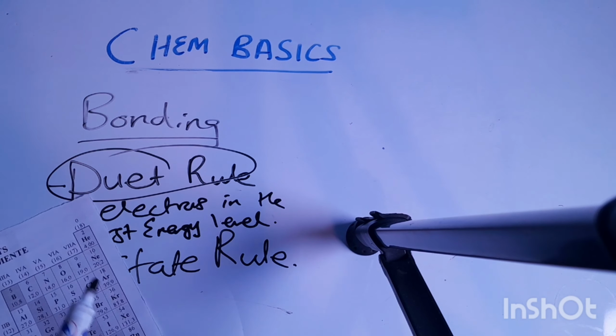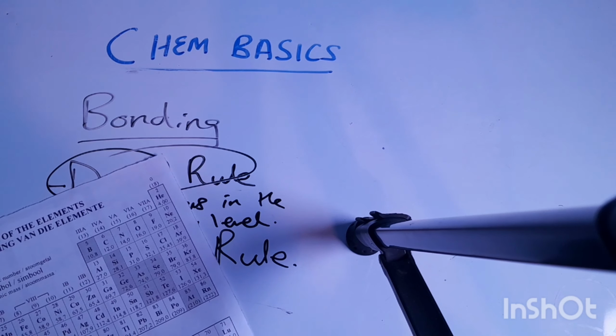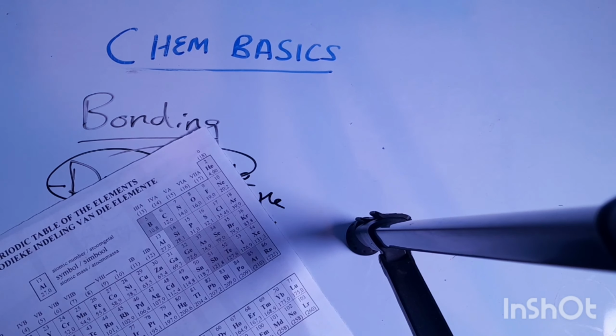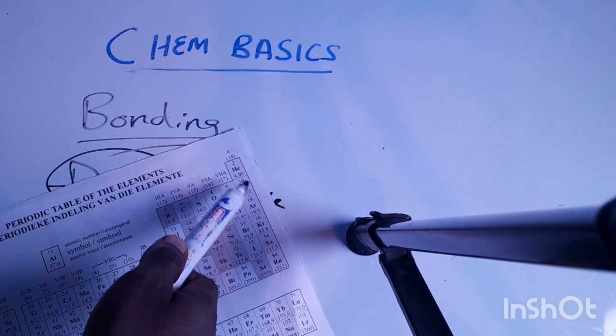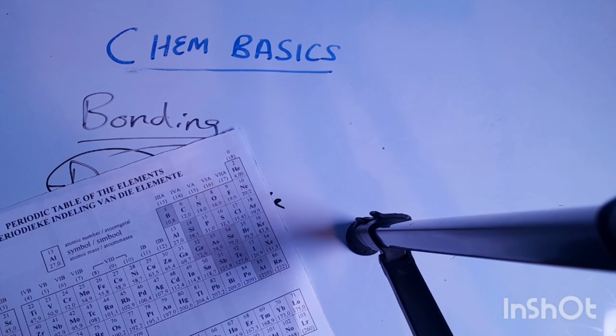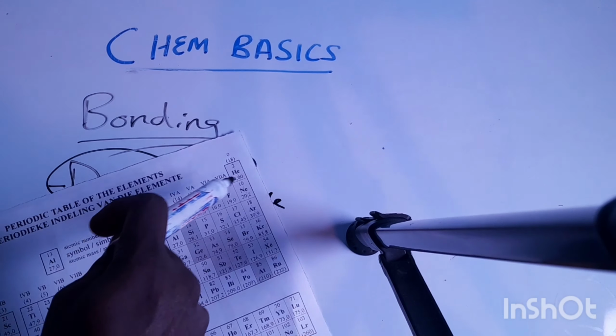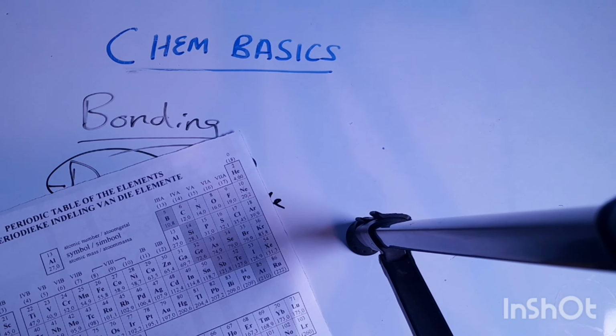Look at helium. Helium is in period 1, so it only has one energy level, but it has two electrons, so that first energy level is filled, making it balanced and stable. So it doesn't need to react with anything.